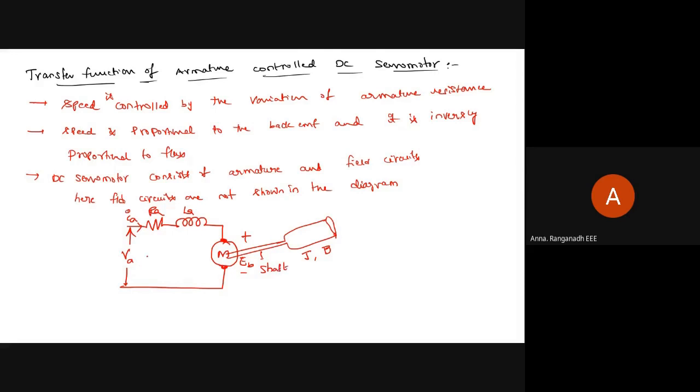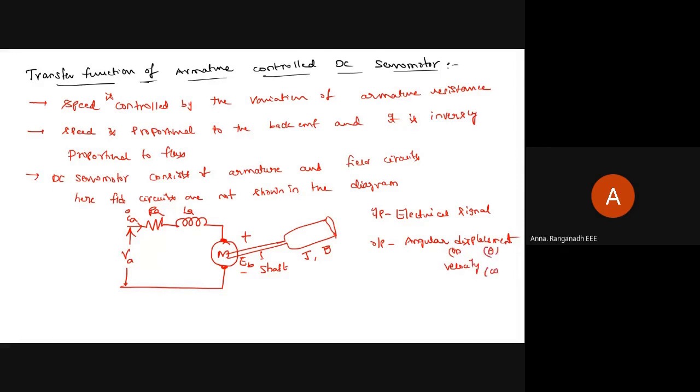Basically, we know that the servo motor input is an electrical signal, and the output is angular velocity or displacement. You can take either. Angular displacement can be written as theta.